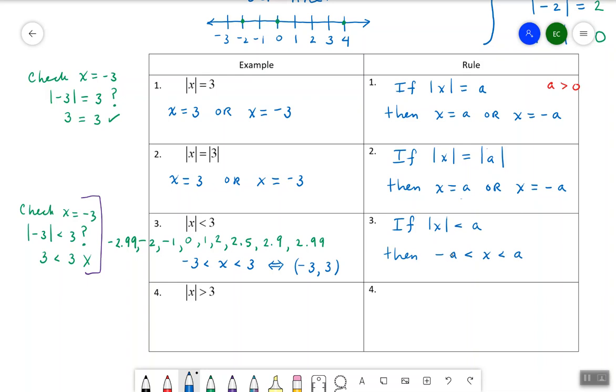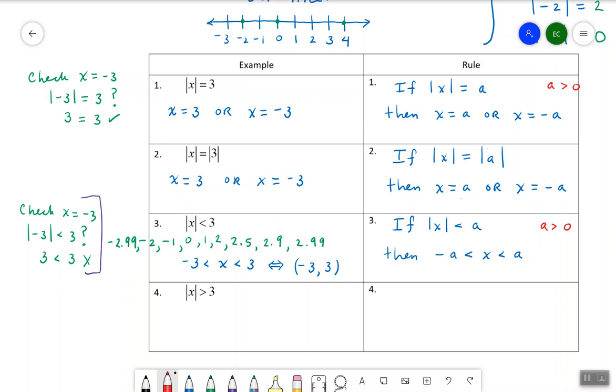So hopefully that three-part inequality that we just wrote for the rule matches in your mind what we wrote for the little example we worked over here on the left-hand side, right? We know that x has to be less than a, but x also has to be bigger than negative a. There's one more thing we want to say. We want to say a is a constant and a is greater than 0.